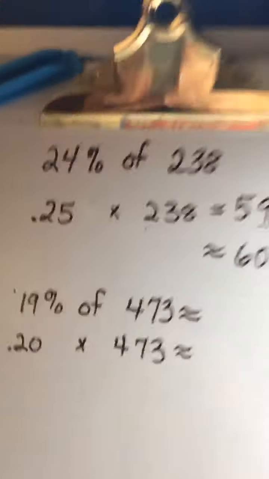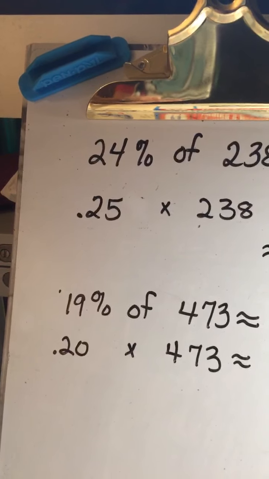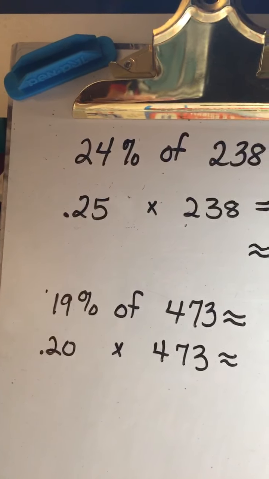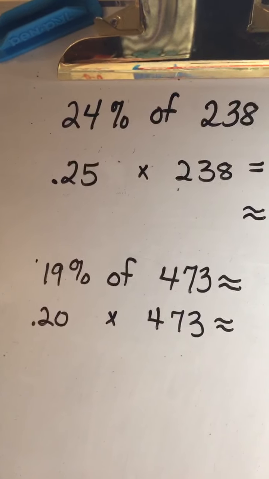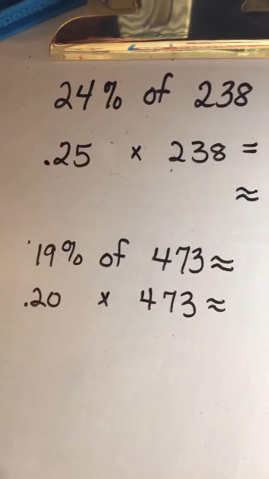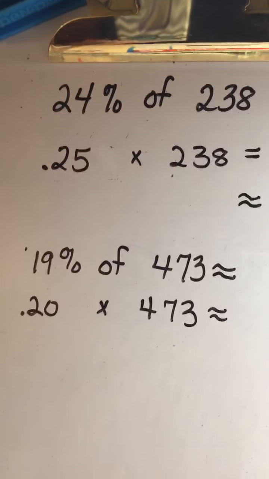You could also go up and do 20% of 500 if you wanted to. That would also give you an approximate answer, since 473 is closer to 500 than it is to 400.